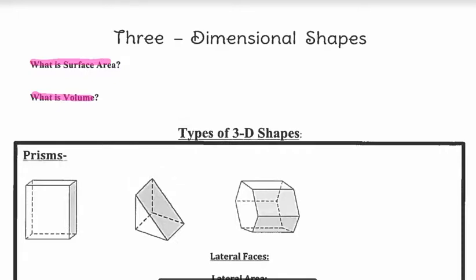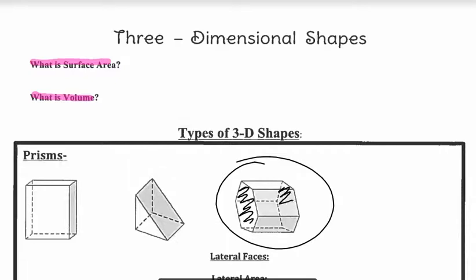If I were to take all of the sides of this, I would find the area of this hexagon, and the area of this hexagon, and the rectangle down here, the rectangle here, the rectangle here, the rectangle on the top, and the rectangle back here. I'd find all those areas and add them up.